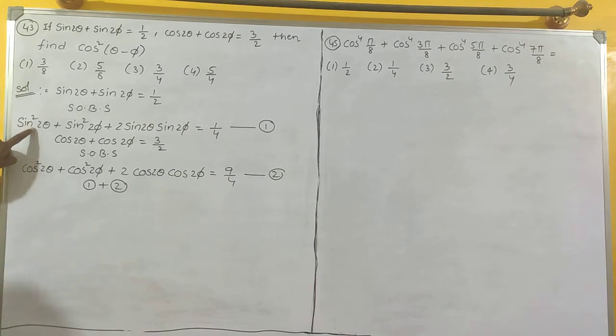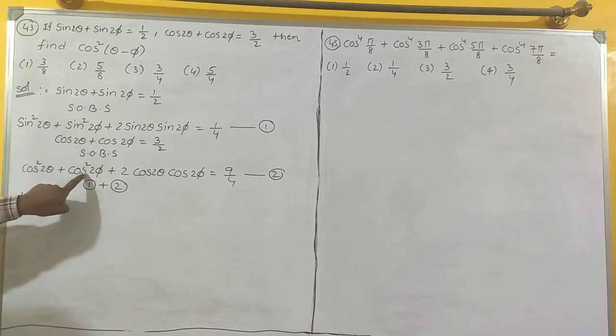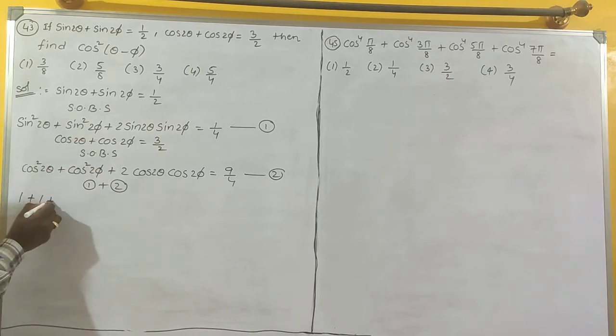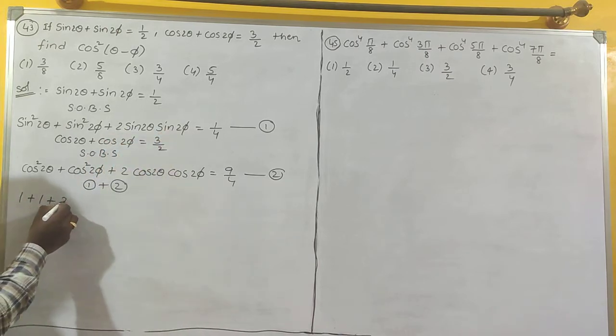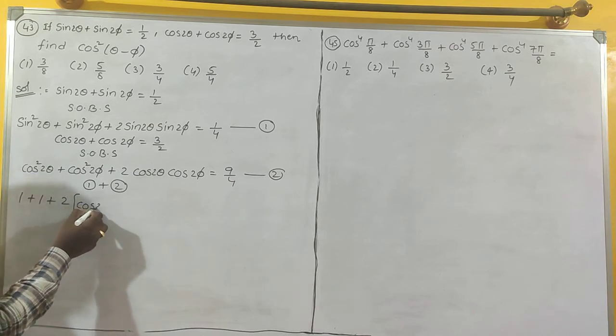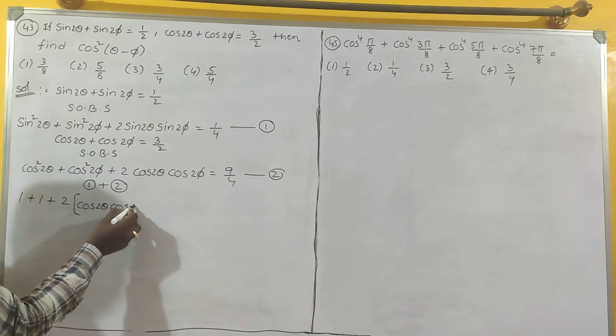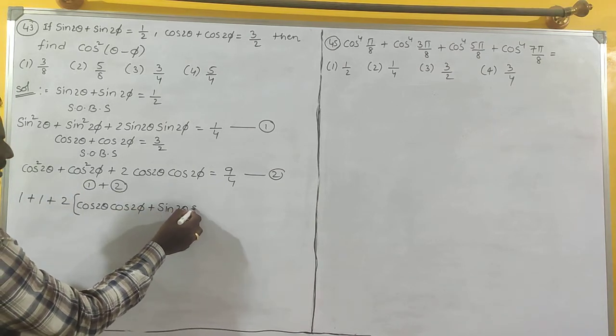Sin square theta plus cos square theta value is 1. In this and this I can take 2 common. What is remaining? cos theta cos 2 pi plus sin 2 theta sin 2 pi.